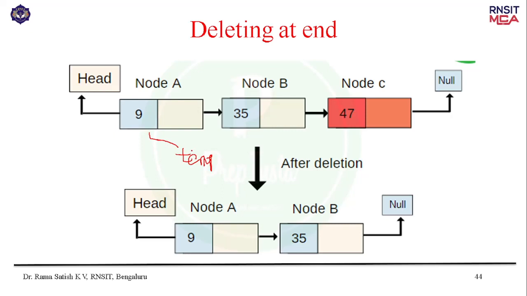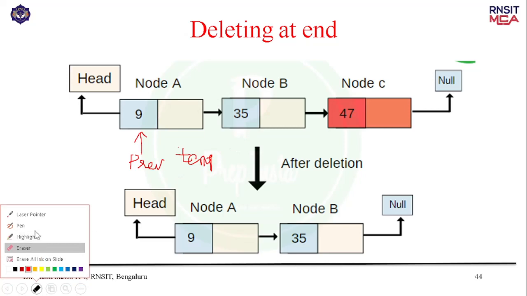So what happens? Before that, previous will move here. Previous is pointing to that node. Now temp points to the next node.